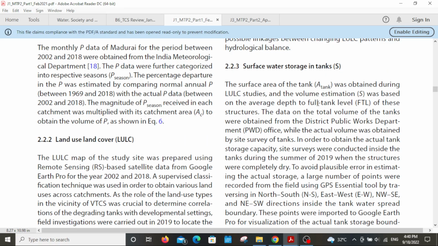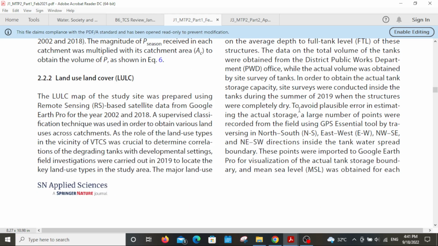And surface water storage in tanks was estimated by actually conducting investigation inside the tank. For example, to avoid plausible error in estimating the actual storage, a large number of points were recorded from the field using a GPS tool by traversing in north-south, east-west, northwest-southeast, and northeast-southwest directions inside the tank on a spread boundary.